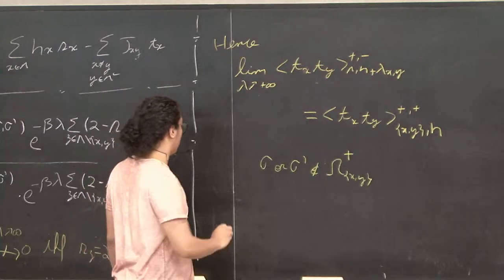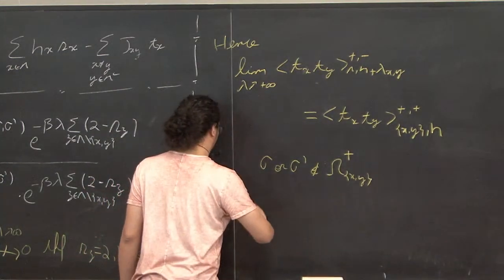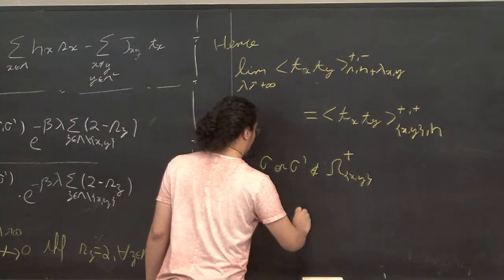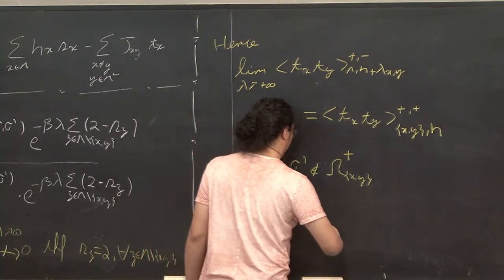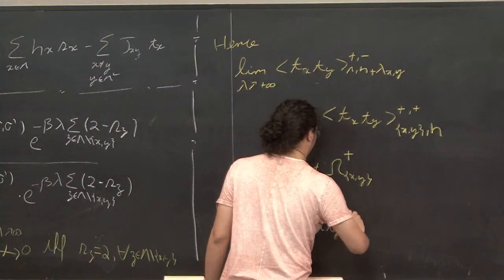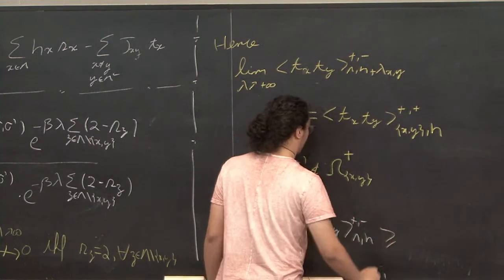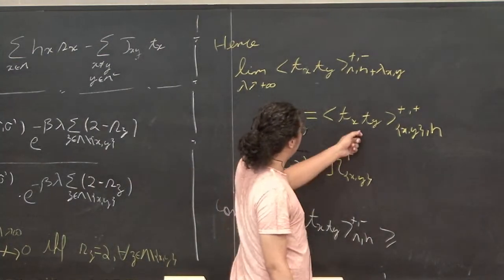So in conclusion, the correlation we are interested in, plus and minus lambda h, is bounded below by this thing here.